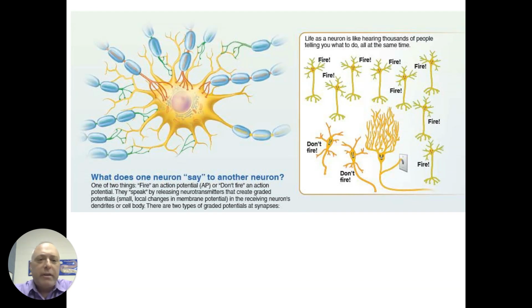So neurons, when they signal to other neurons, they signal the neuron to fire. Now, there can be inhibitory signals also that will signal it to shut down and to stop firing.